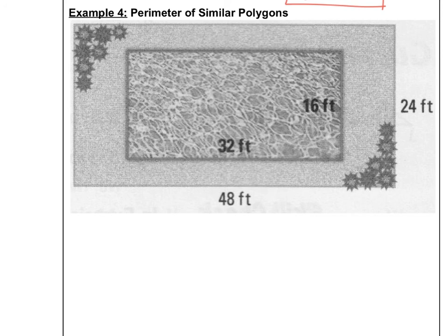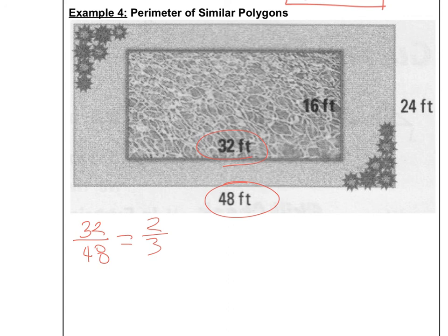Here's the length for the pool, and here's the length for the patio. So we could just say 32 over 48, and then reduce it in your calculator, and you get 2/3. That is the ratio of the lengths of the pool to the patio area.